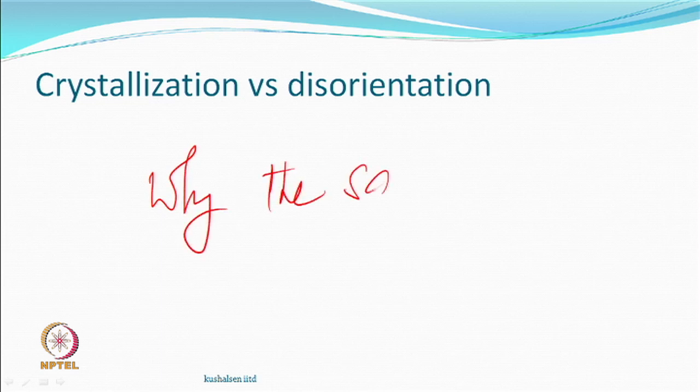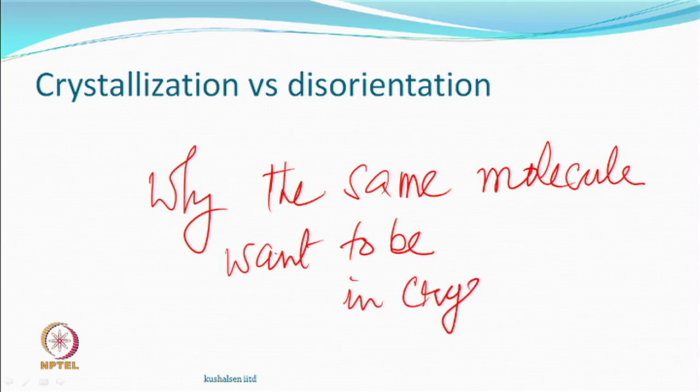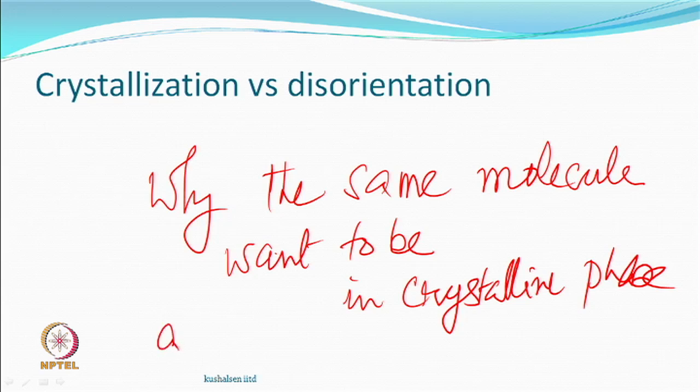The same polymeric molecule wants to be in the crystalline phase as well as in the disoriented phase.